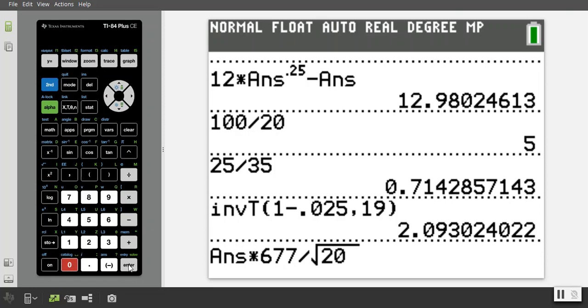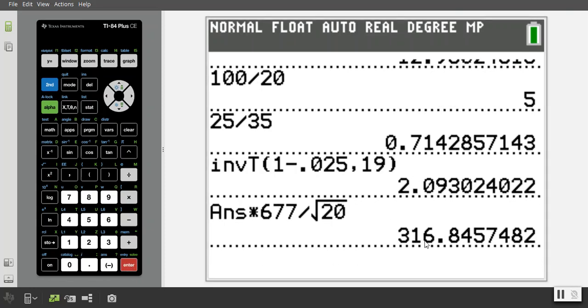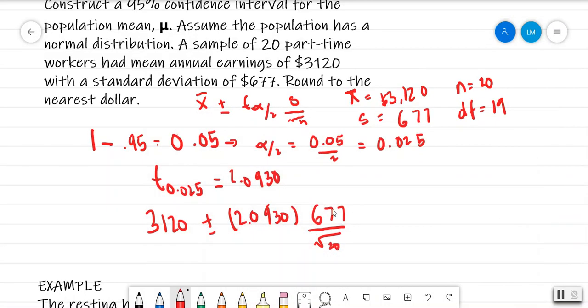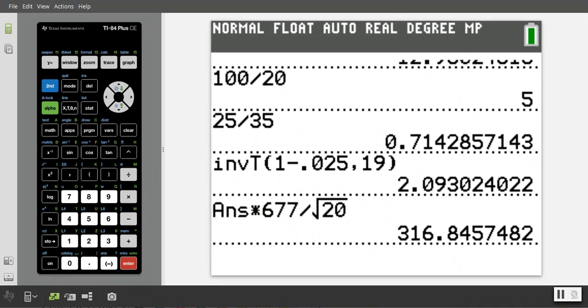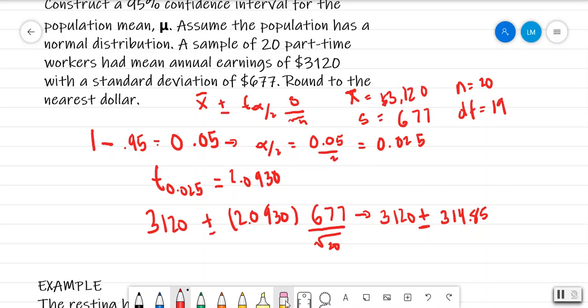We hit enter, and we figure out that that's 316.85. So this is 3,120 plus or minus 316.85. I first thought it was 314, but it's 316, just off by $2.